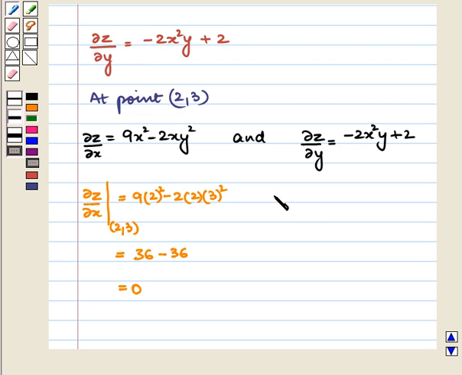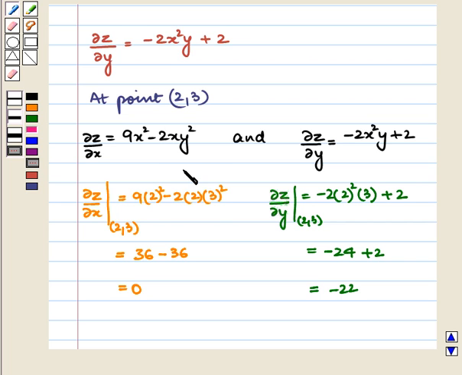And del z by del y at the point 2, 3 will be equal to minus 2 into 2 square into 3 plus 2, which is equal to minus 24 plus 2, which is equal to minus 22. Here we put the value of x equal to 2 and y equal to 3 in the equations of partial derivatives with respect to x and y.